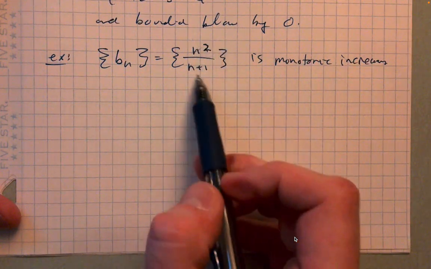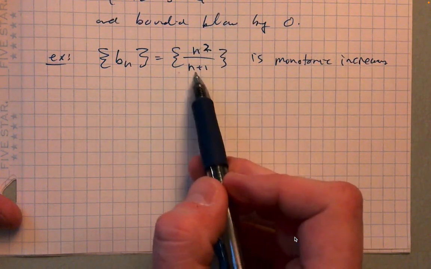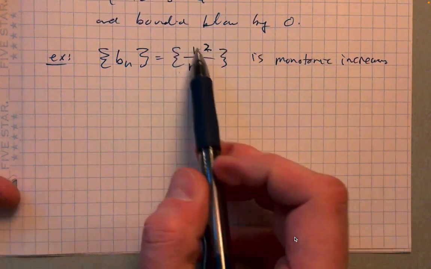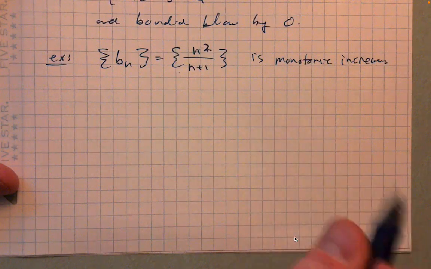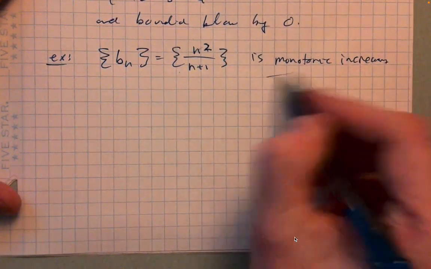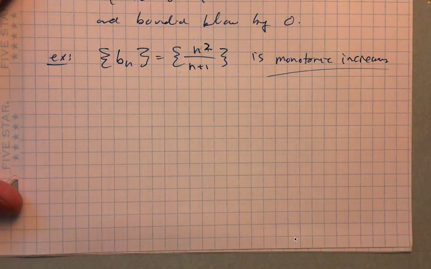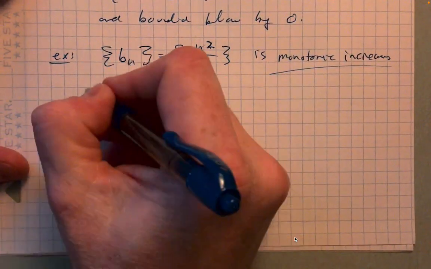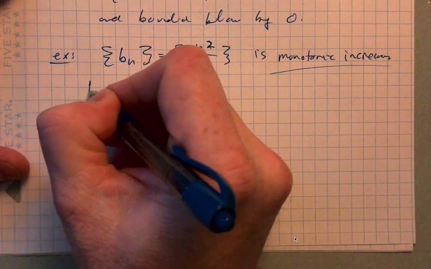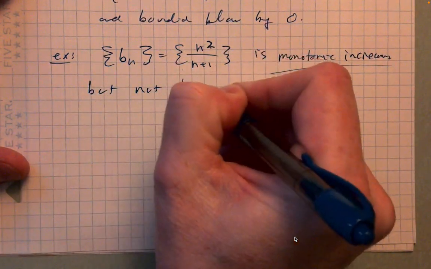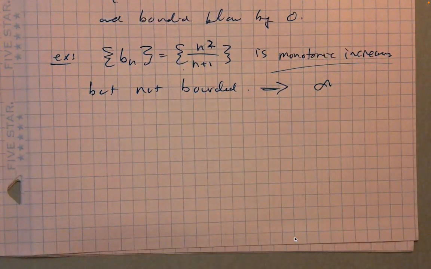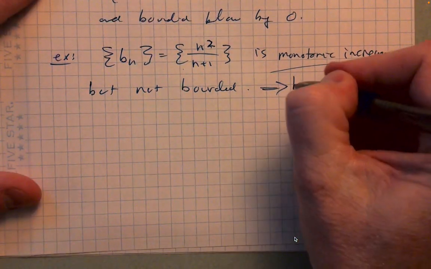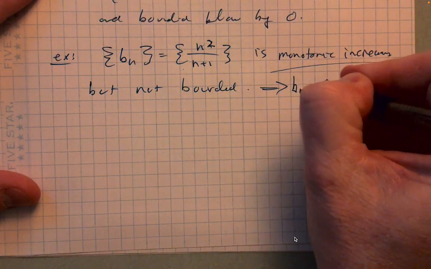So you're adding 1 to the denominator each time, and you're squaring the numerator, and so obviously the numerator is going to grow much faster. So this is monotonic increasing, meaning it never gets smaller, just gets larger. But is it bounded? It's not bounded. So it's monotonic increasing but not bounded, so this is going to diverge. B of n goes to infinity is what I should say.